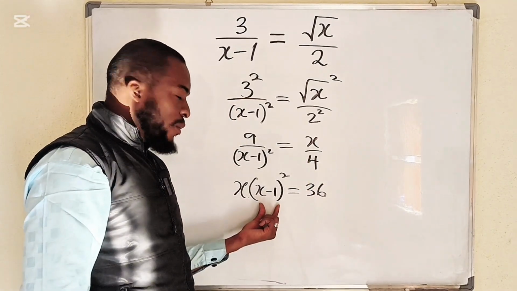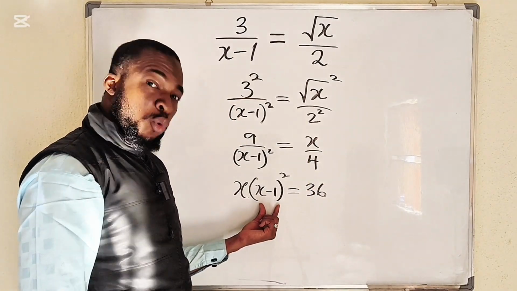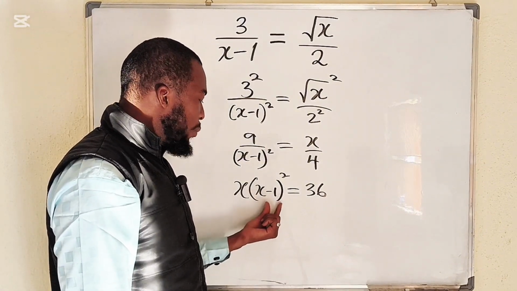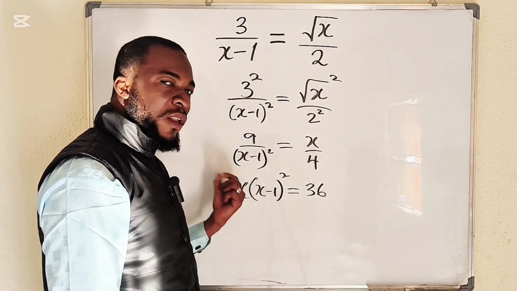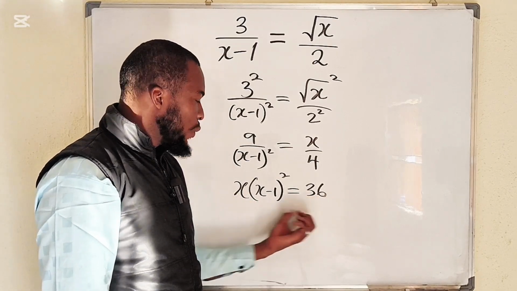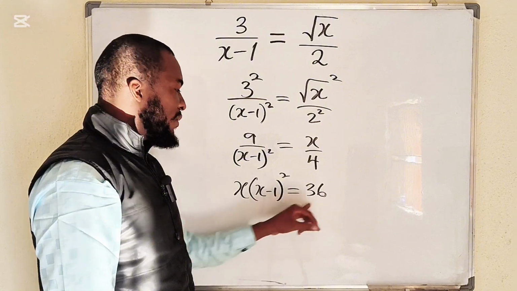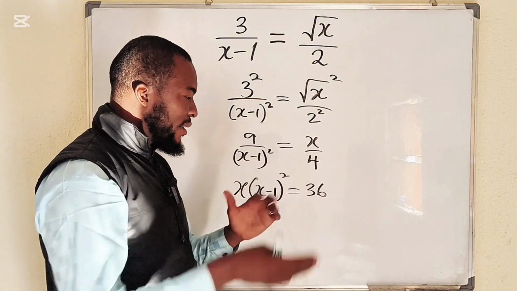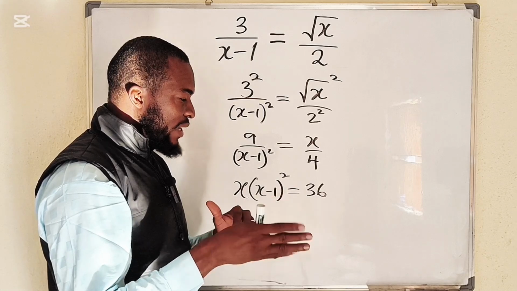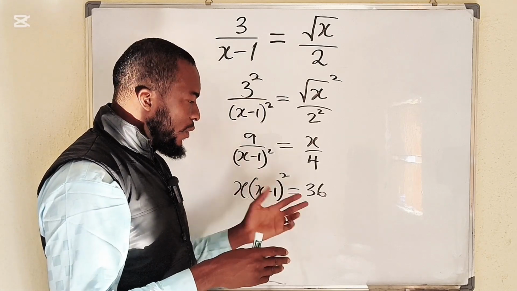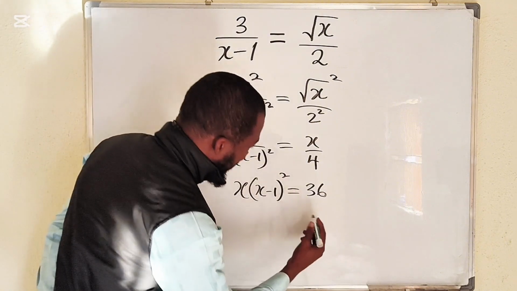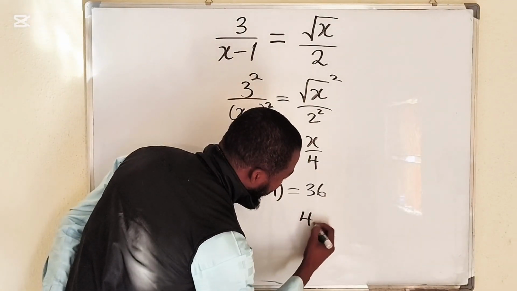You should know that this number here is a positive number, and a positive number must be multiplied by another positive number in order to get a positive output. So we are looking for factors of 36: 1 times 6, 2 times 13, no, 3 times 13, and also 2 times 18. But I know this will satisfy 4 multiplied by 9.